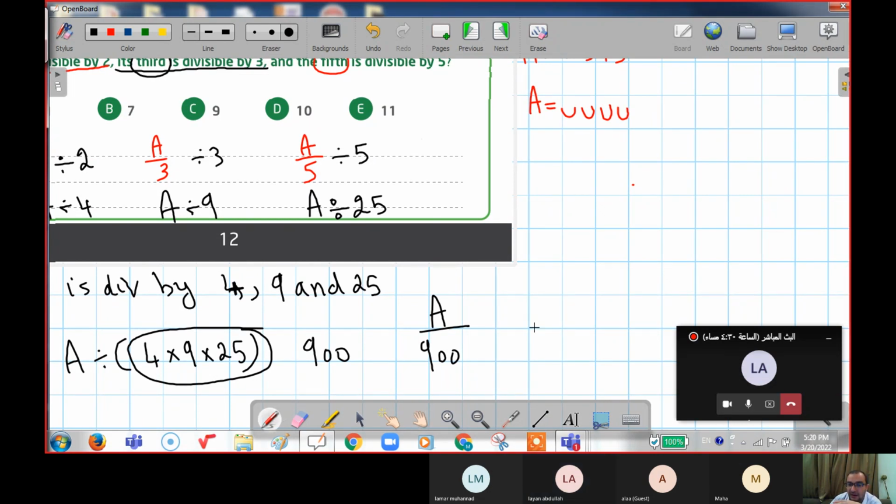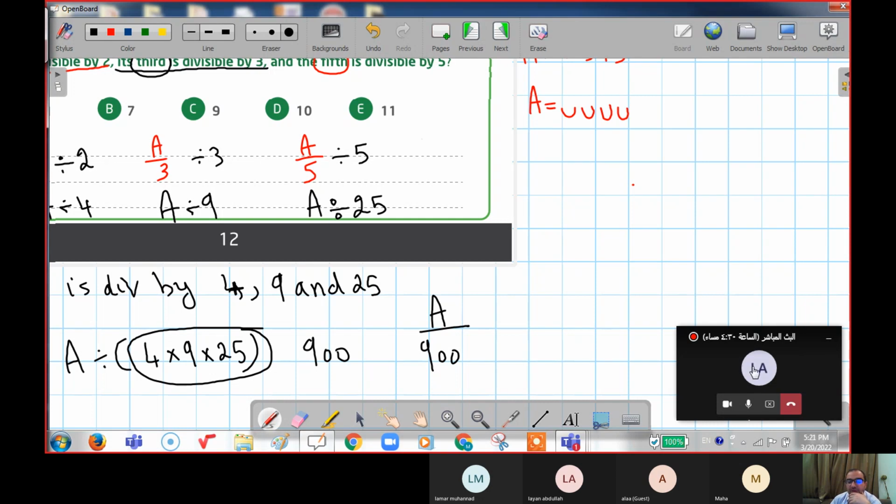Who can give me now all the numbers that have only 4 digits and are divisible by 900? I will give you a hint. Forget the 0s. Just try with 9.